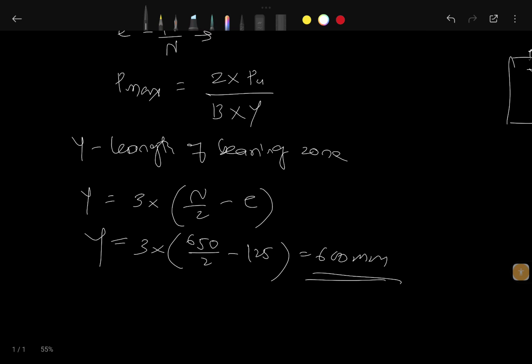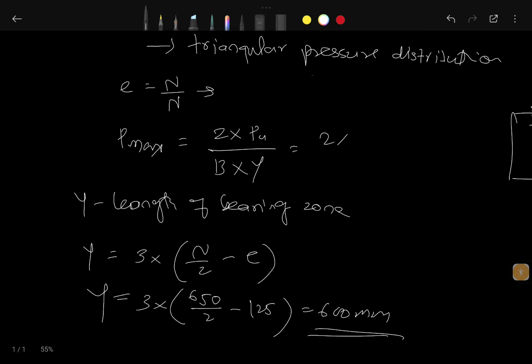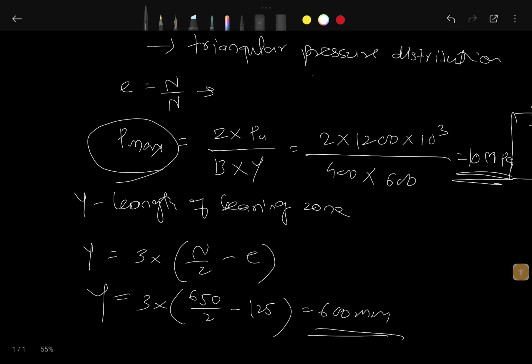We put this value into the above equation. So 2 into Pu, we get 1200 into 10 to the power 3, divided by B, we consider 400, into Y, which is 600. We get the value 10 megapascal, the P max value.